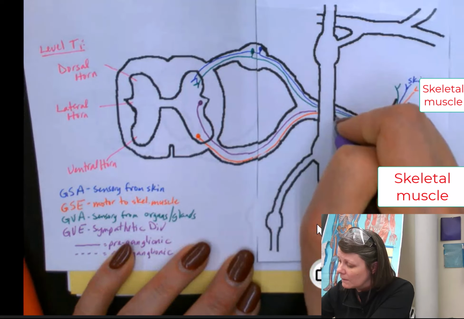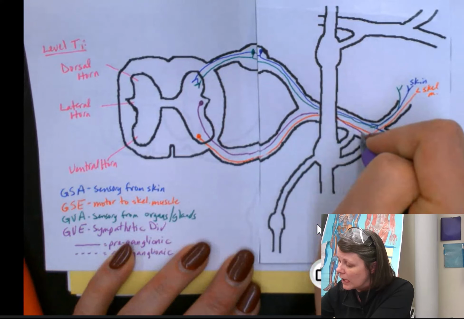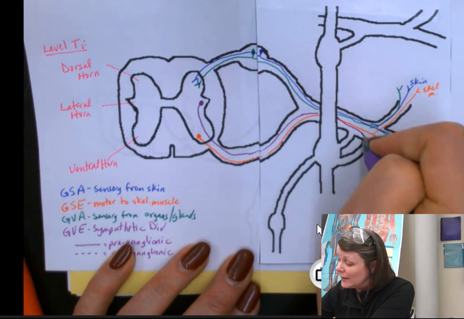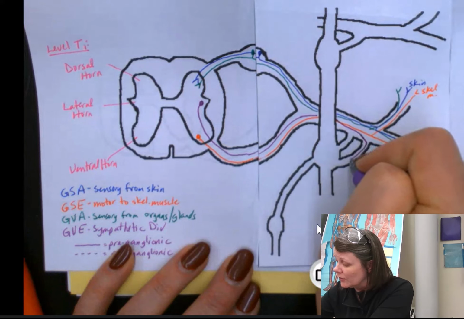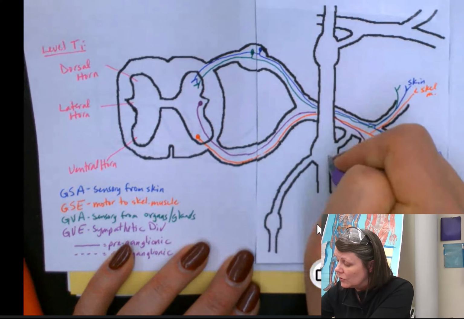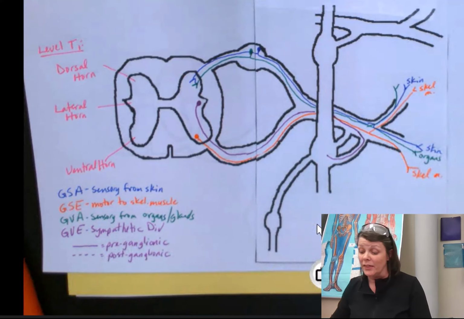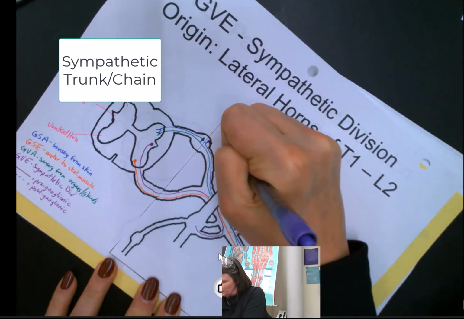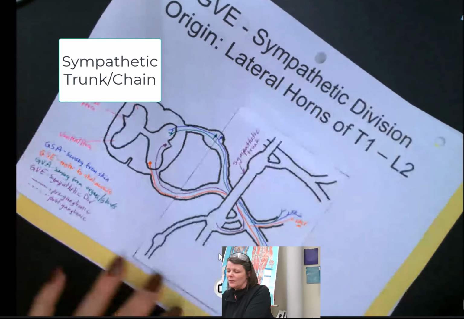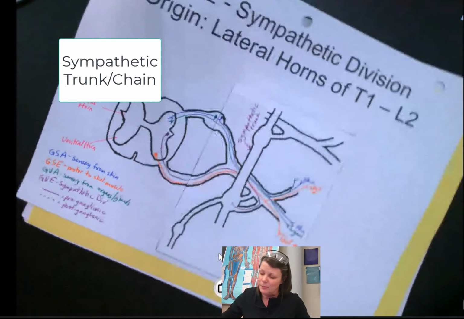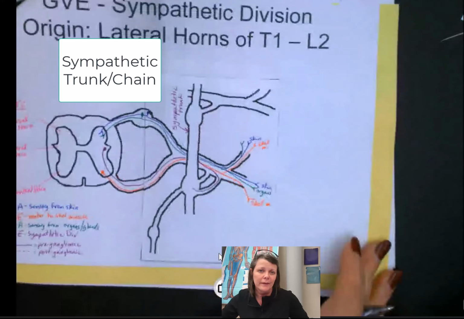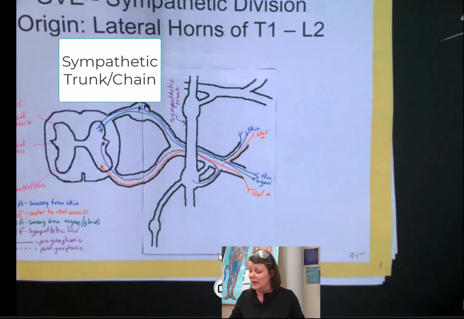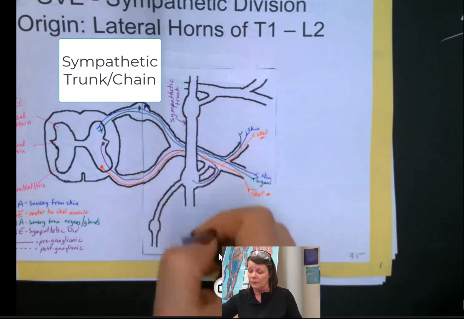However, it is going to leave the spinal nerve, and it's going to go into the sympathetic chain. This is the sympathetic trunk. It's also called the sympathetic chain. I don't care which one you call it, but that's the sympathetic trunk. It's running straight up and down.